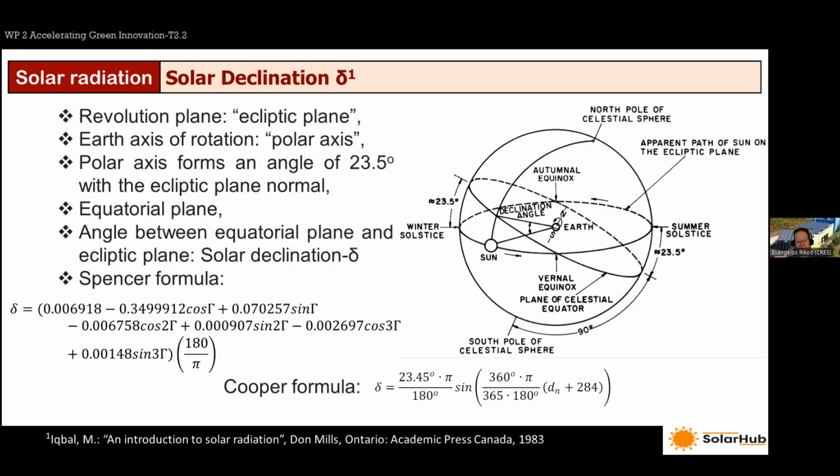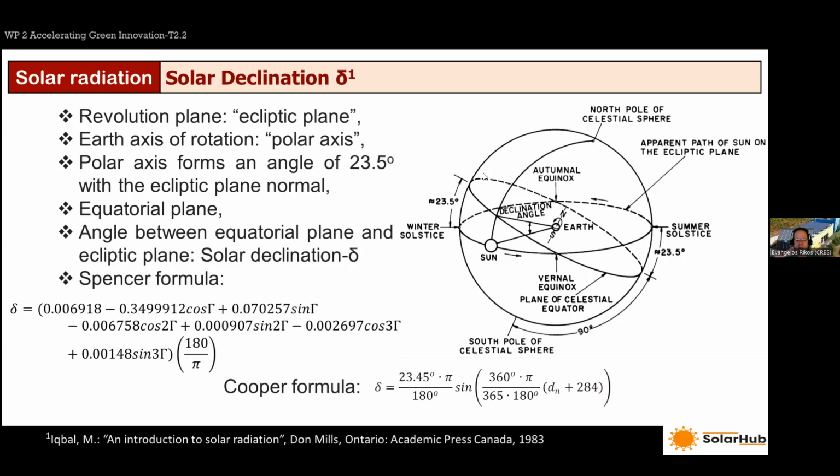So the angle that is formed if we imagine the Earth placed at the center of this scheme and the sun rotating around it. Of course, this is not the case. It's just an imaginary representation to help us understand better the angles and the geometry of the problem.